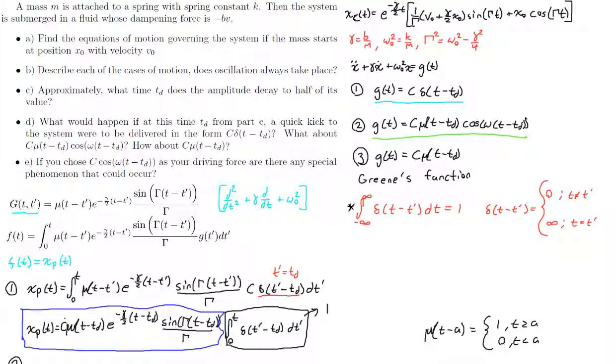This is the time that we found in part C. Its maximum amplitude decays to half of its original value. Then we kick it with this really quick pulse. It's almost like if you were to just jerk it really quick, right? You grab the mass and you just pull it really quickly, right? And then let it go.